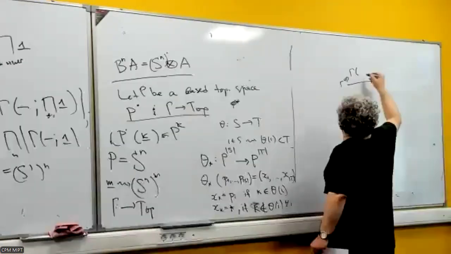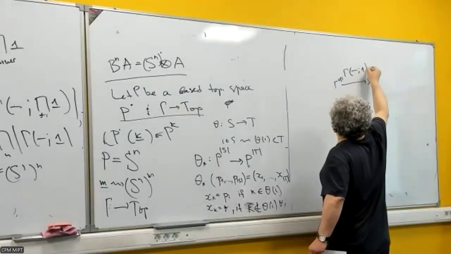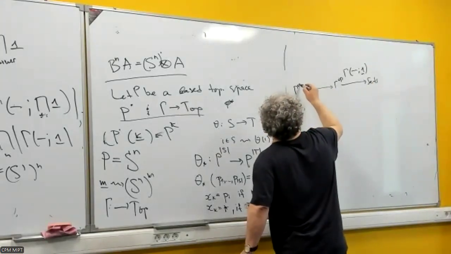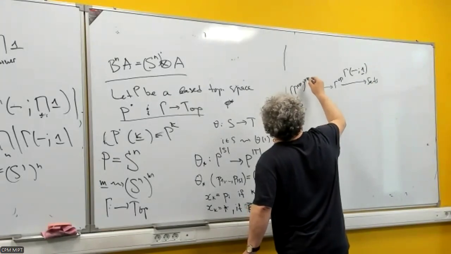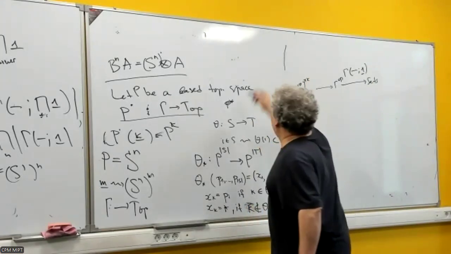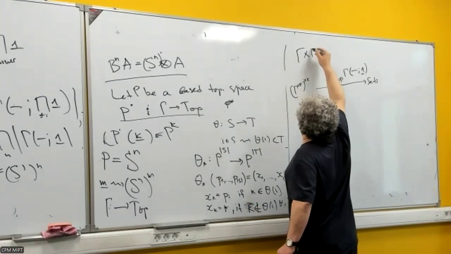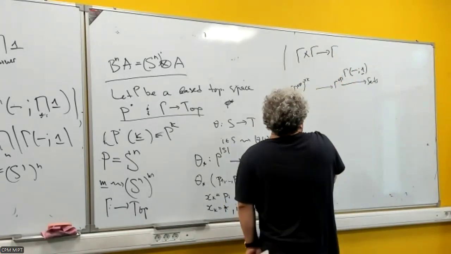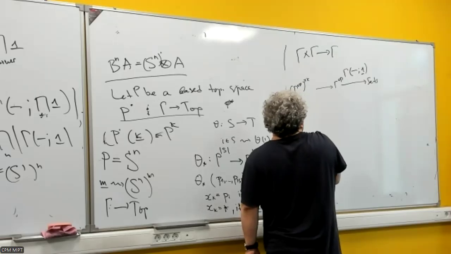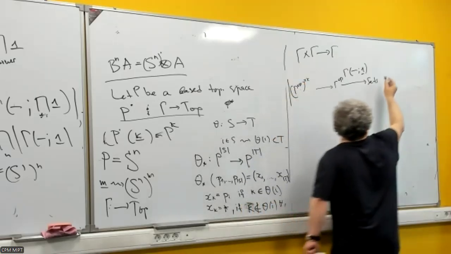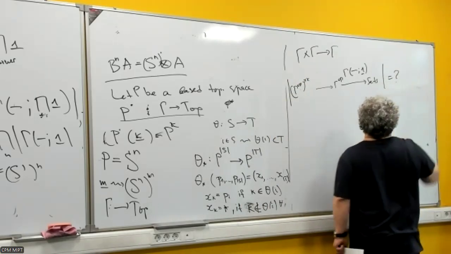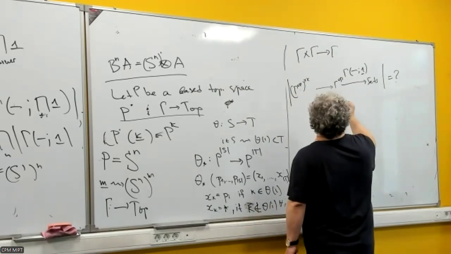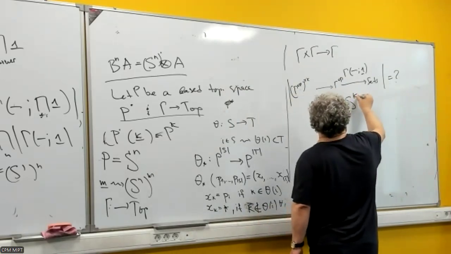Here I have the functor gamma to 1, and here I have a functor from gamma op to the power k to gamma, which comes from my nice functor from gamma to gamma to gamma. Then I take the composition, and I take the realization of this functor. The question is what this realization is, and the answer is that it's the k-dimensional sphere.